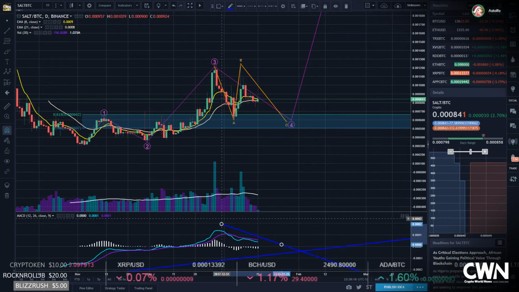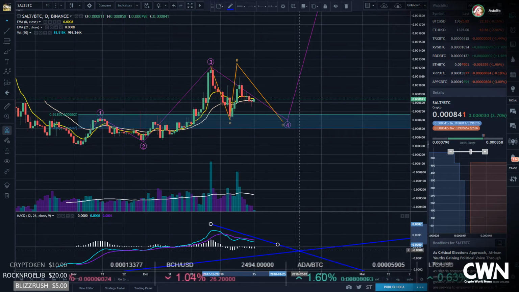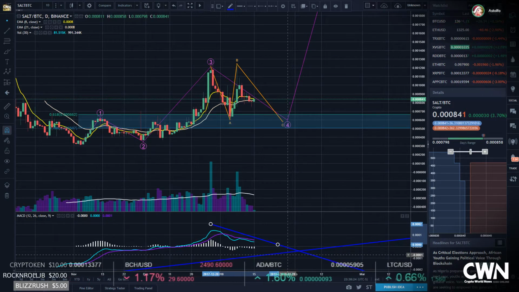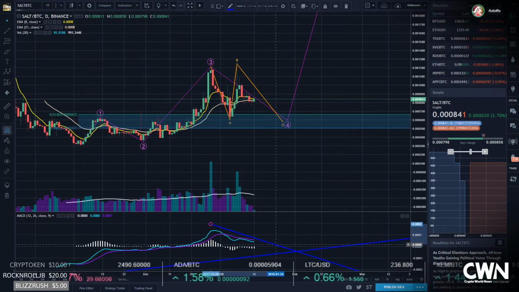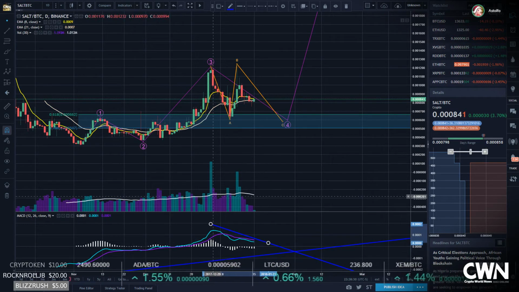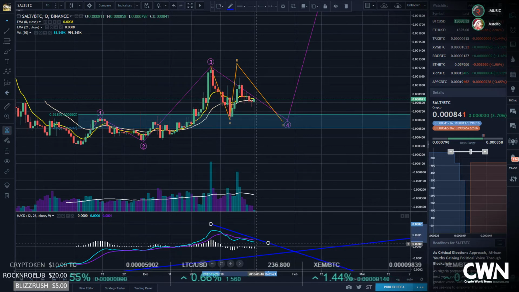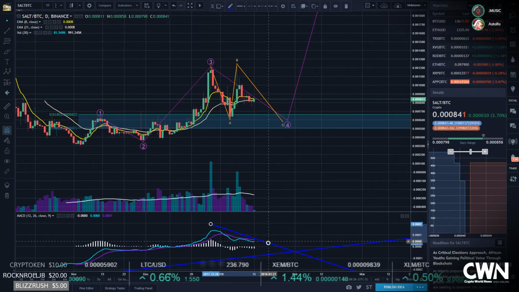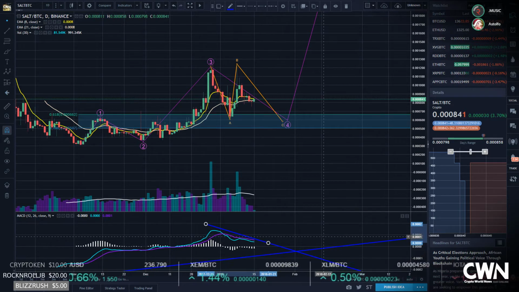So we've got a downward sloping, uptrending line on the MACD, and an upward sloping, bottom trending line. To really see wave 5, we would want to see the MACD kind of bottom and then eject out of this downtrending line here on the MACD.